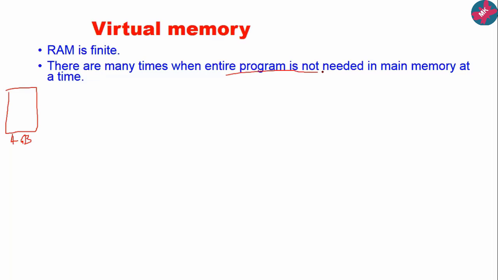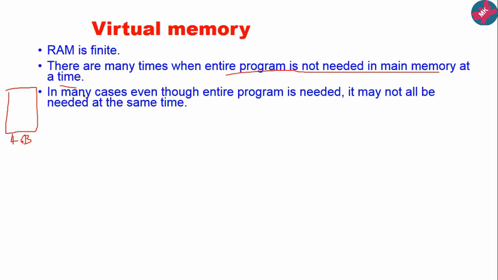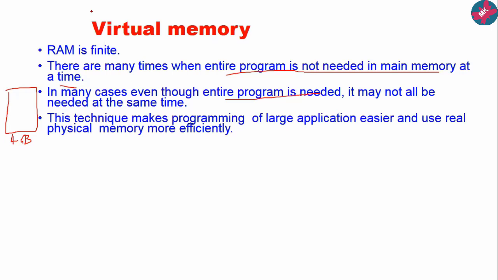So what happens when the RAM is finite? See, suppose you have 4 GB RAM. Many times your entire program is not needed in main memory at the time. And even though the entire program is needed, all the modules of that program are not needed at the same time.